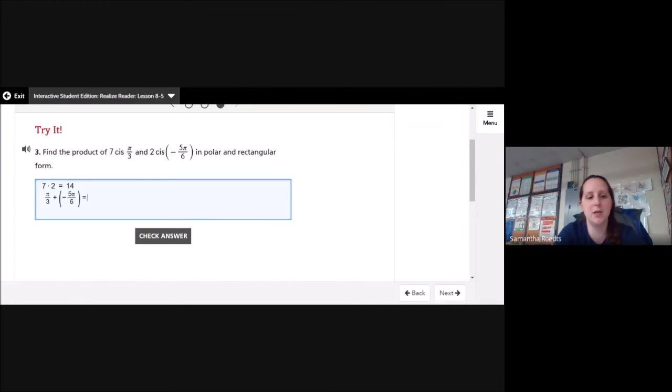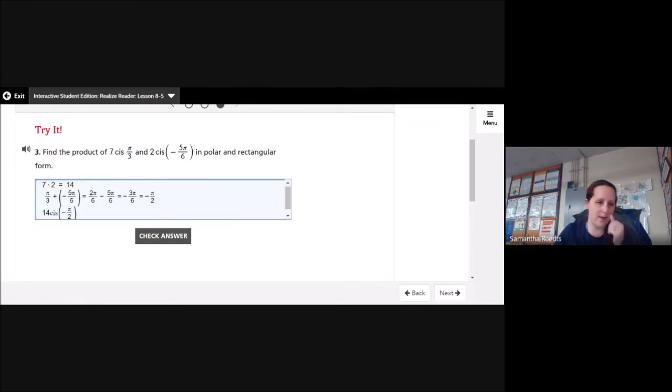I need to change pi over 3 to 2 pi over 6, minus 5 pi over 6. So 2 pi minus 5 pi is negative 3 pi over 6, which simplifies to negative pi over 2. So I would have 14 cis negative pi over 2.